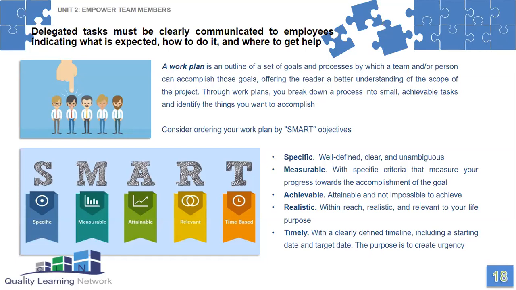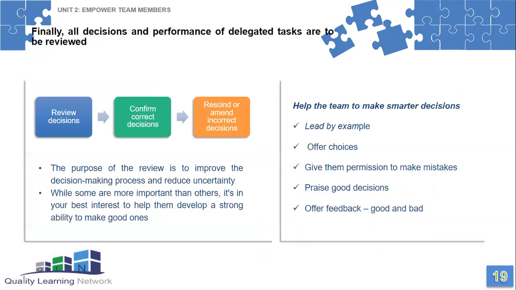And then obviously time-bound, with a clearly defined timeline, including starting date and target date. The purpose is to create urgency and also to understand that, listen, we cannot carry on with you waffling on. You understand, right? Okay. So when it is put on paper, it's like it's written in stone, as the Bible says, so it is written, so it shall be done.